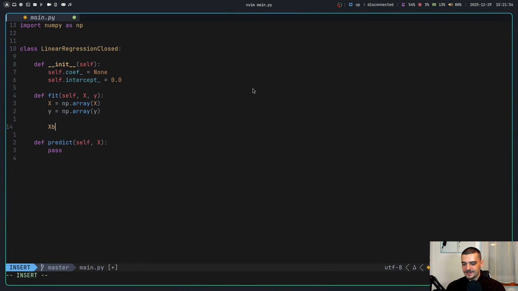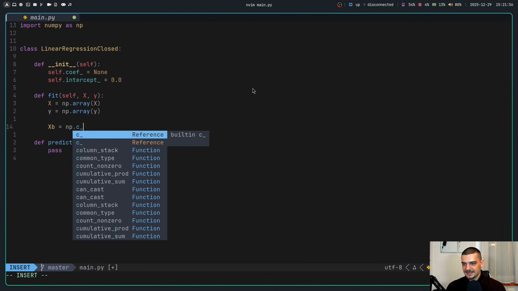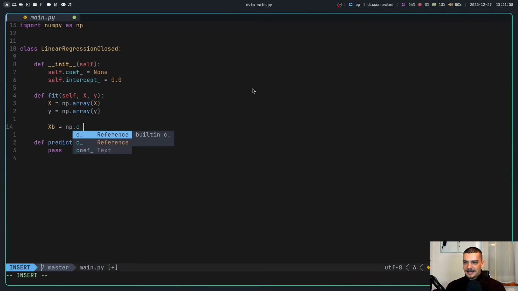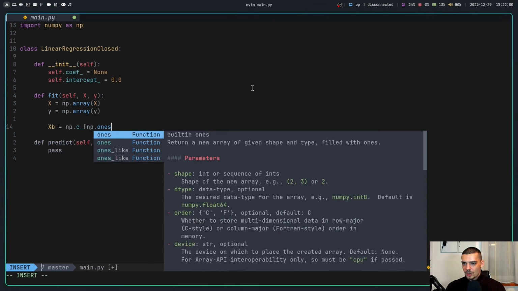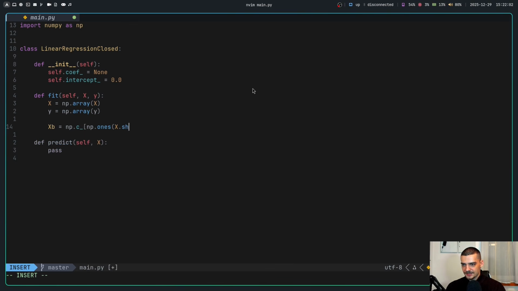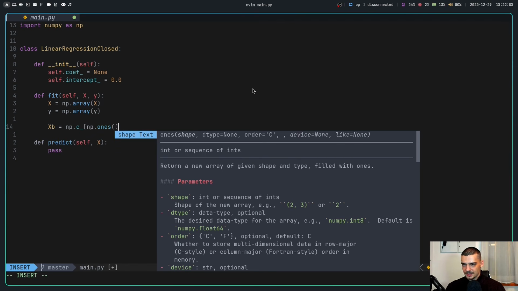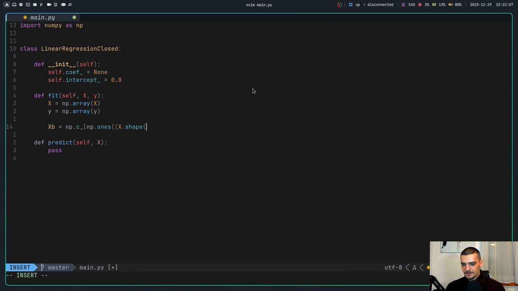So I'm going to say Xb is equal to np.c_, so np.c underscore. And we're going to say np.ones of the shape of the data. So it's going to be X.shape[0] and 1, like this. That's going to be the ones. And we're going to prepend this to X.